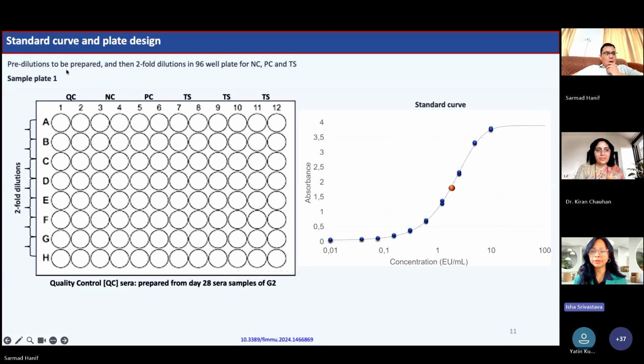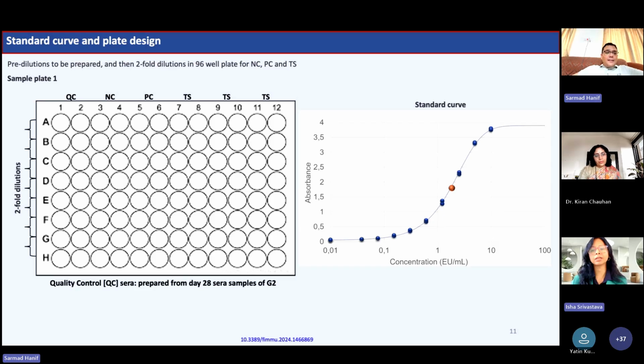Before moving on to the last slide, just remember that for ELISAs, you must have heard about a linear equation, y is equal to mx plus c. In ELISAs, we don't get a perfect linear fit for these biological assays.